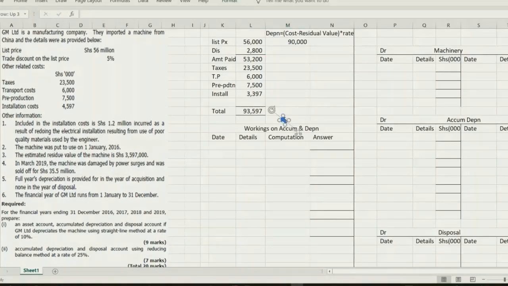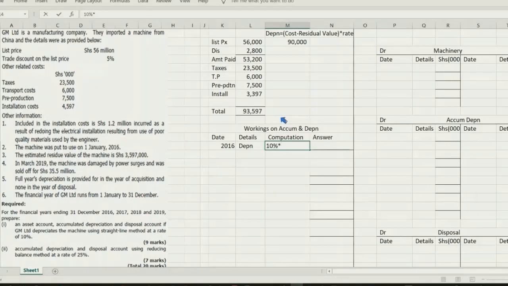Then we work out accumulated depreciation and depreciation in our table. We start with 2016, and in details we are computing depreciation first. So we have to find the 10% of the 90,000 provided in the question, giving us 9,000. And this will be our opening balance at the start of 2017.